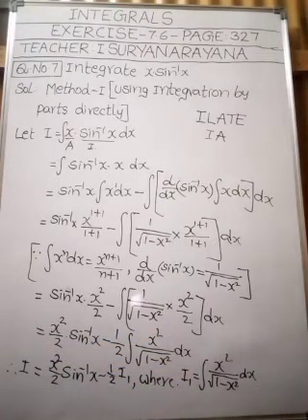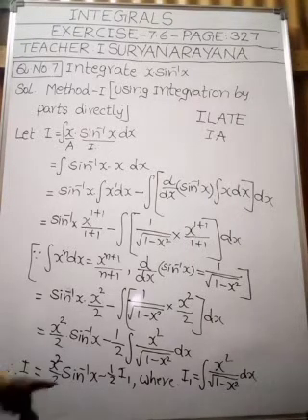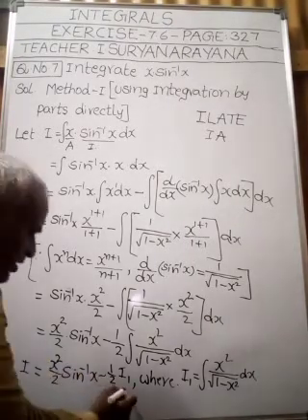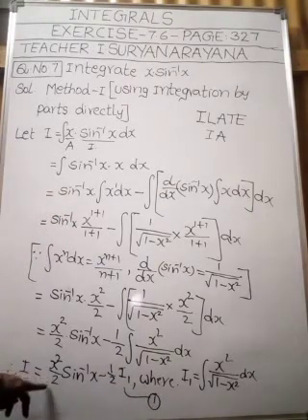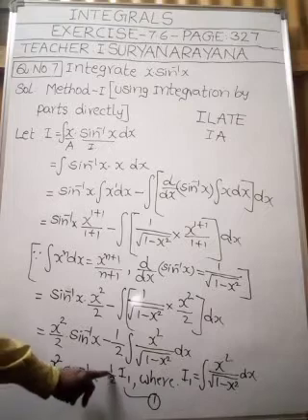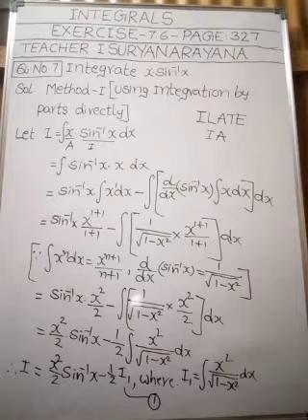Okay, my children? Right. Let us consider this equation as 1: I is equal to x square by 2 sin inverse x minus 1 by 2 I1. Let us assume that this equation is 1.